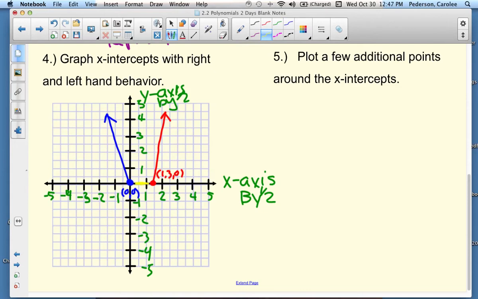So now I have to evaluate the function between 0 and 1.3. So maybe let x equal 1, and maybe let x equal 0.5 to find out what's happening between that interval.